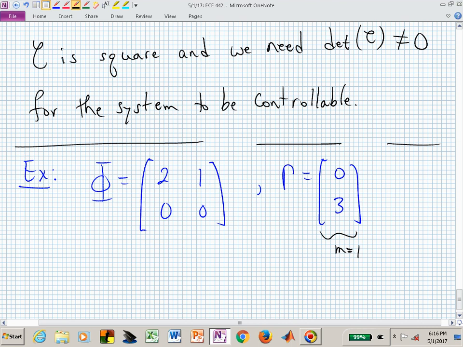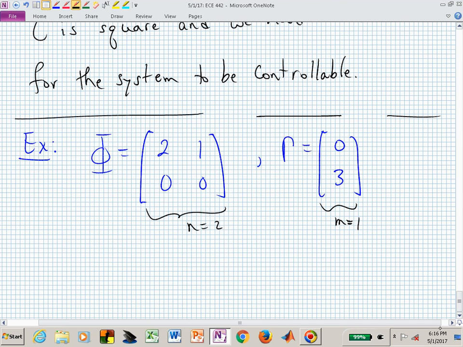Little m is 1 and n is 2. The number of state variables is 2. So our controllability matrix is gamma, phi gamma, phi squared gamma, phi cubed.